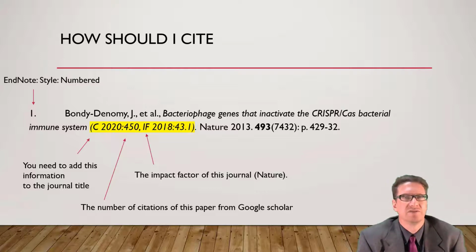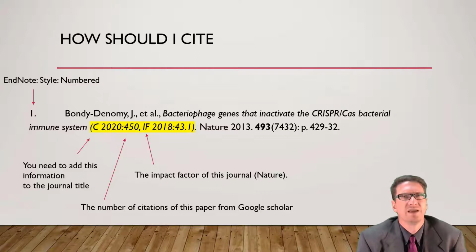I want you to know how many citations this particular paper has, how many people have referred to it. So you tell me what year you looked at it. In 2020 you looked at the citation count and there were 450 citations for this particular paper.